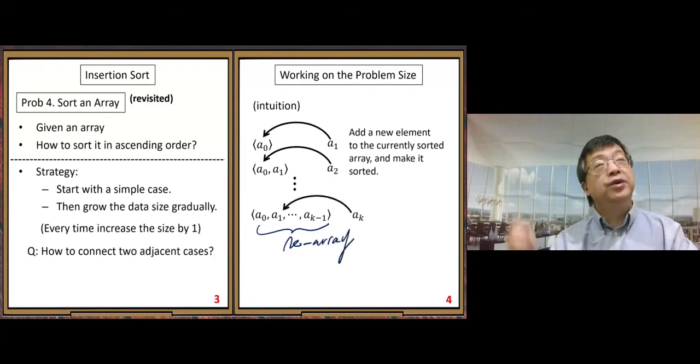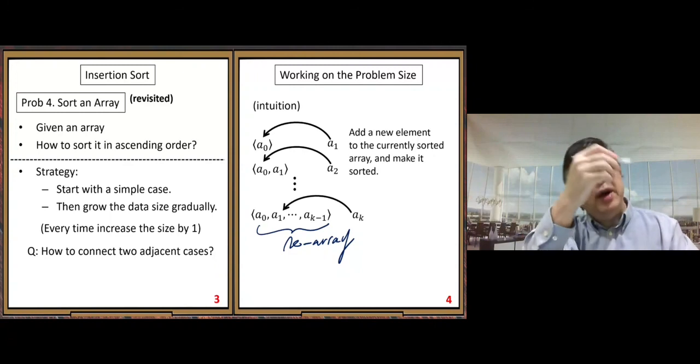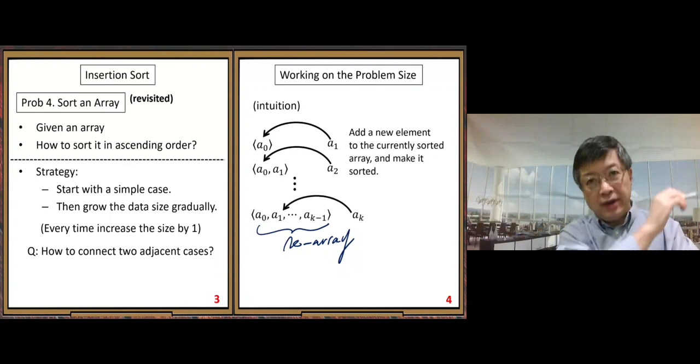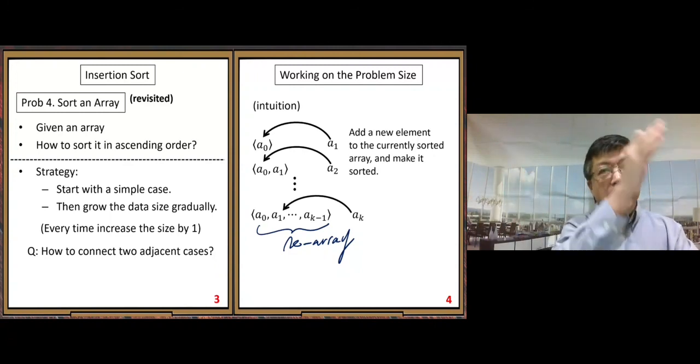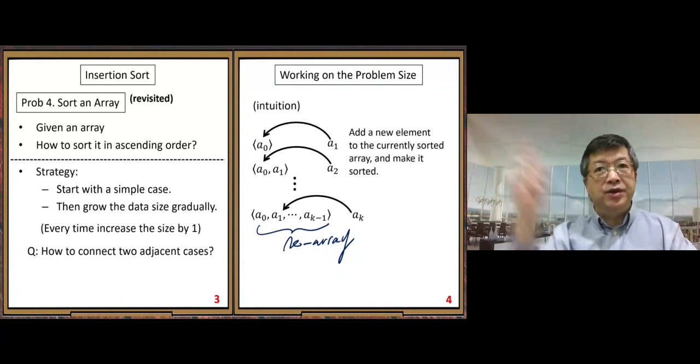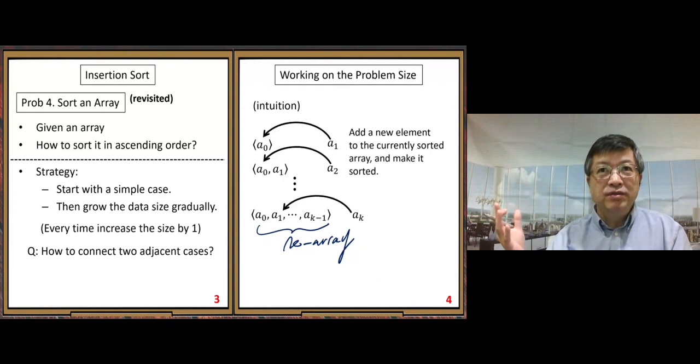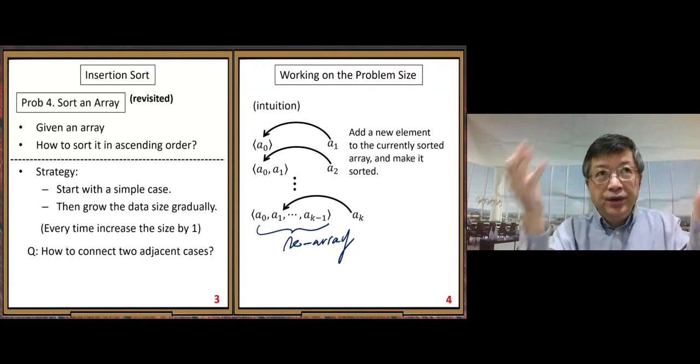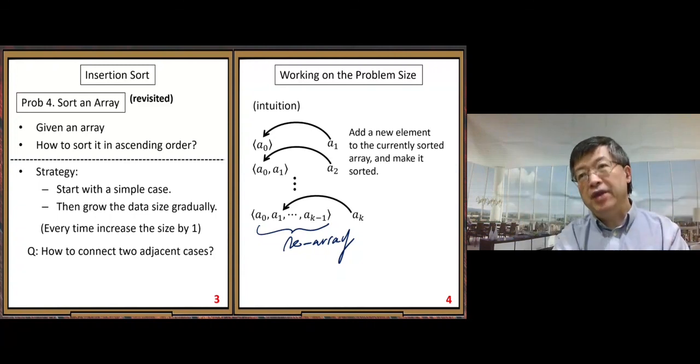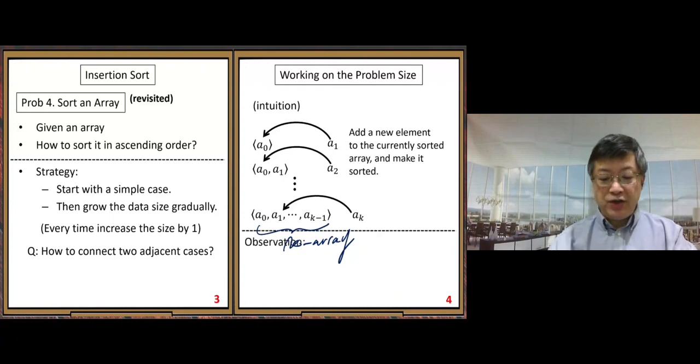But we need to add a new element into it, get it sorted by a certain number of comparisons. So that's the problem description. Here we only describe what we are going to do to get the whole array sorted. Yeah.